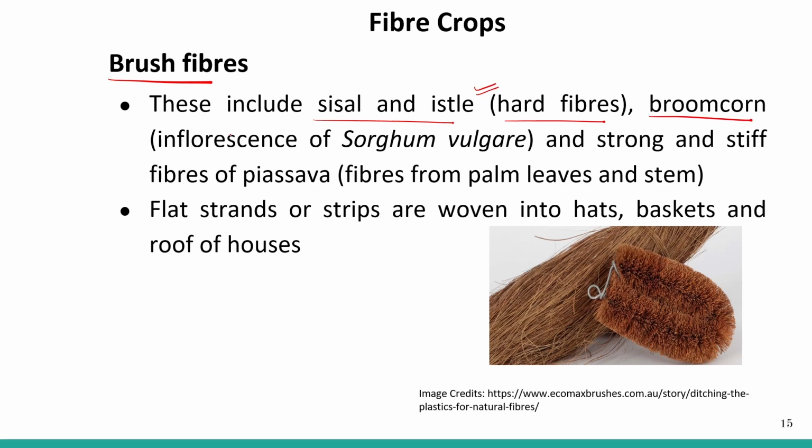Broom corn is the inflorescence of Sorghum vulgare, right? This inflorescence is used for making fibers, and they are quite strong and stiff. Piassava is the fiber from the palm leaves and stem. That is also used for making fibers.